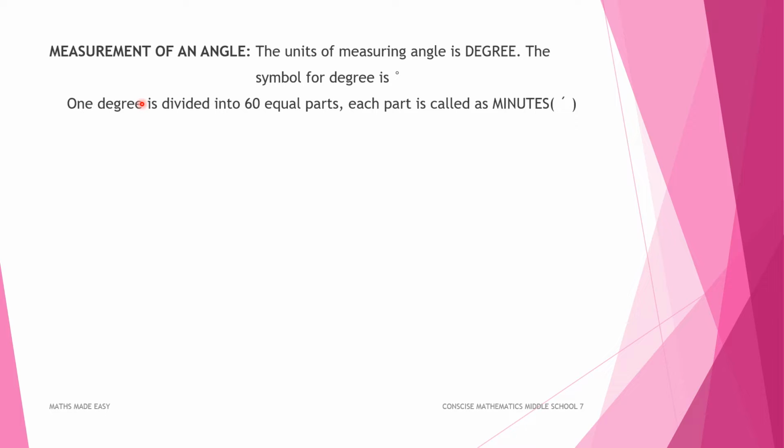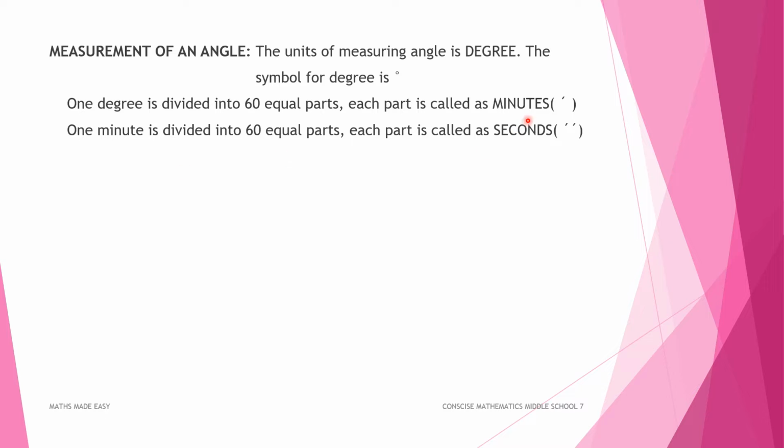And 1 degree is divided into 60 equal parts, and each part is called a minute, and minutes are denoted with a small line on the top. Whenever you see a small line on the top, you can consider it as minutes. And this minute is again divided into 60 equal parts, and each part is called a second, and seconds are denoted with two small lines.